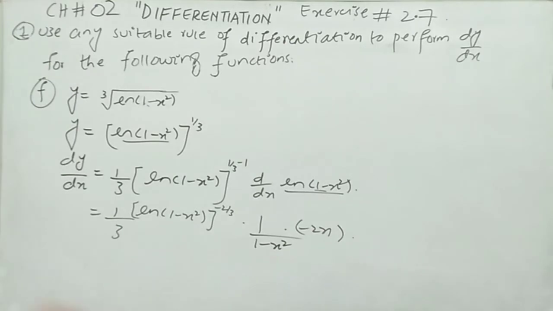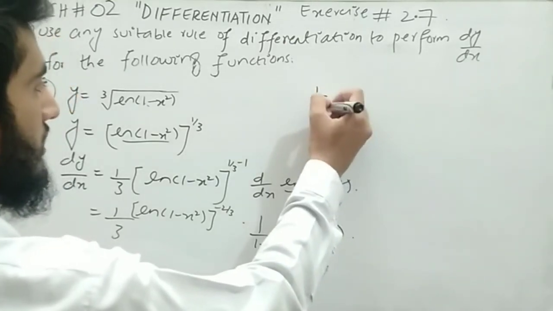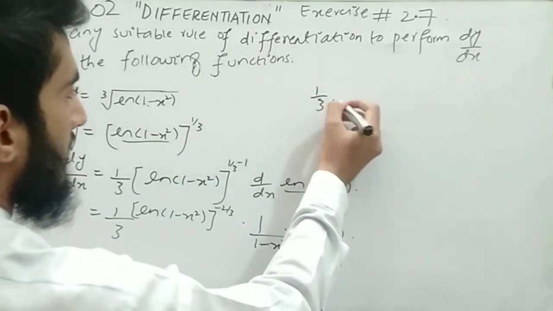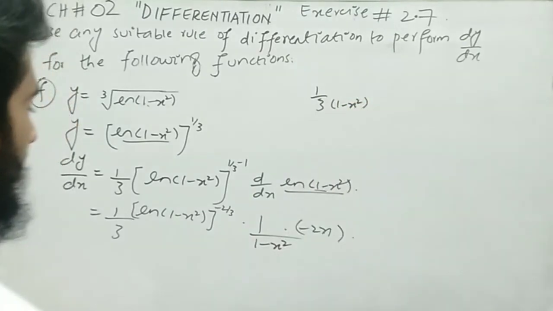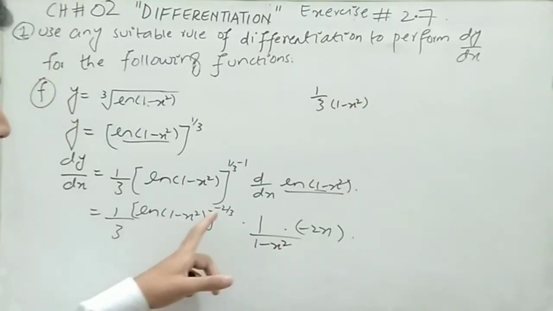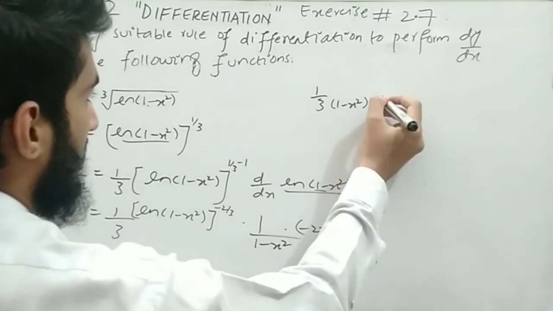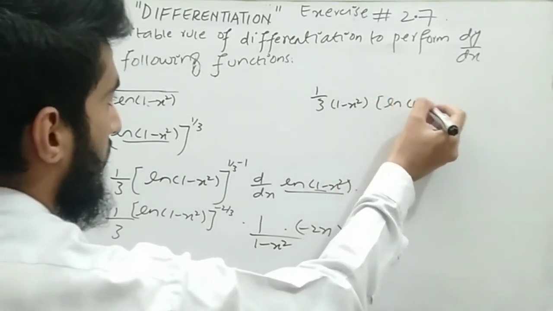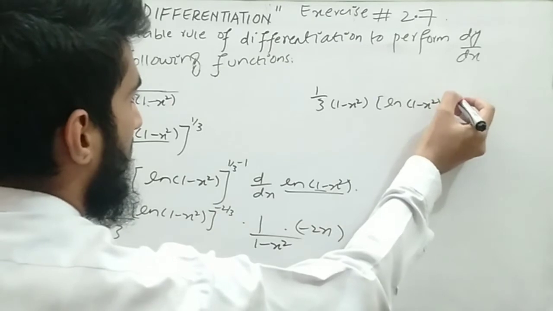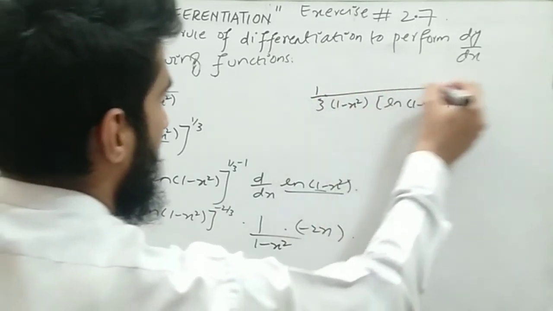Now by simplification it becomes 1 over 3, and in the denominator we have 1 minus x square, and also this ln of 1 minus x square whole raised to the power minus 2 by 3 will come to the denominator, so the power becomes positive. So it becomes ln of 1 minus x square whole raised to the power 2 by 3.